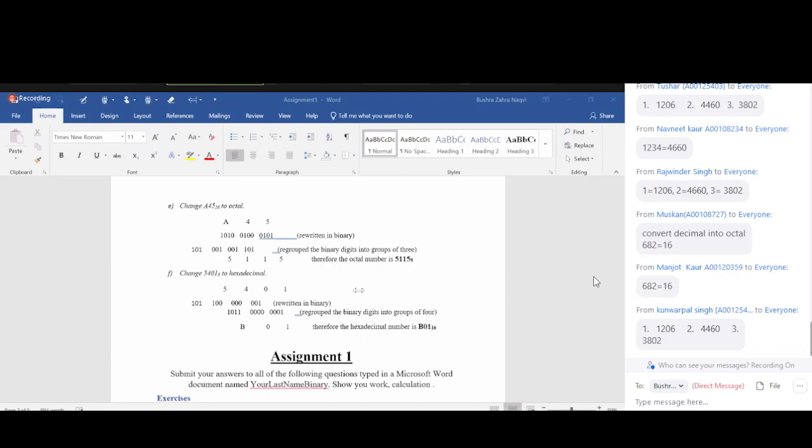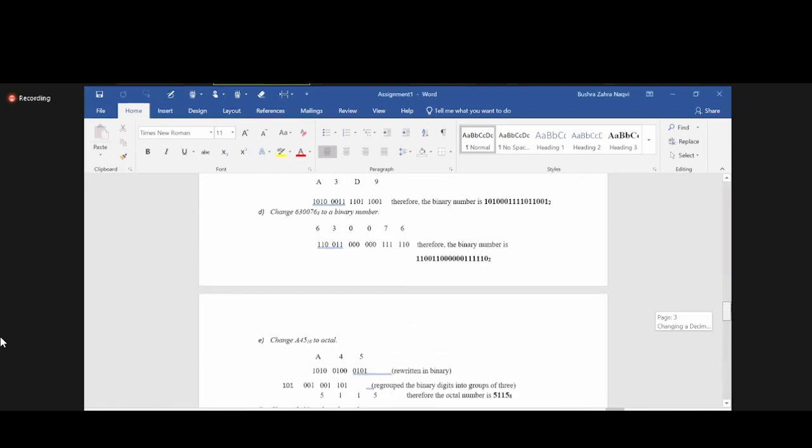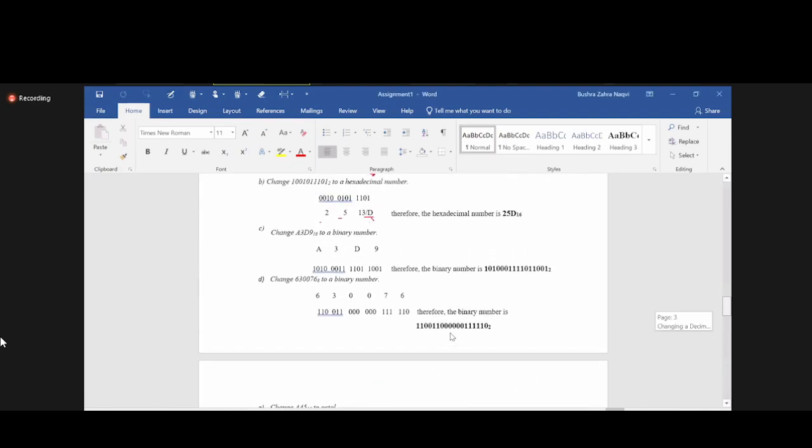All right. So the assignment is ready. I have a few questions there. I'll post that assignment sometime today on D2L. All you need to do is use the Word document, just like I am showing you in this Word document, right?